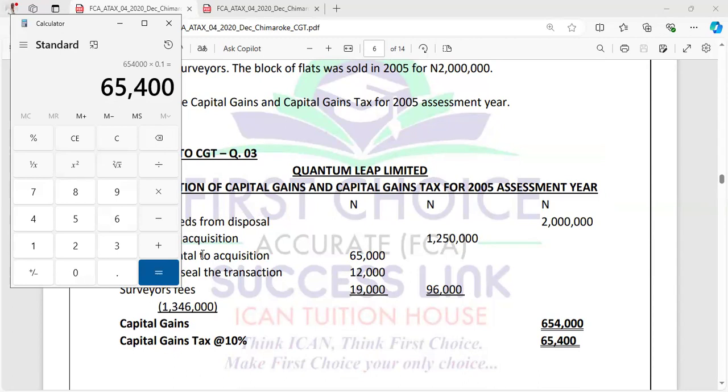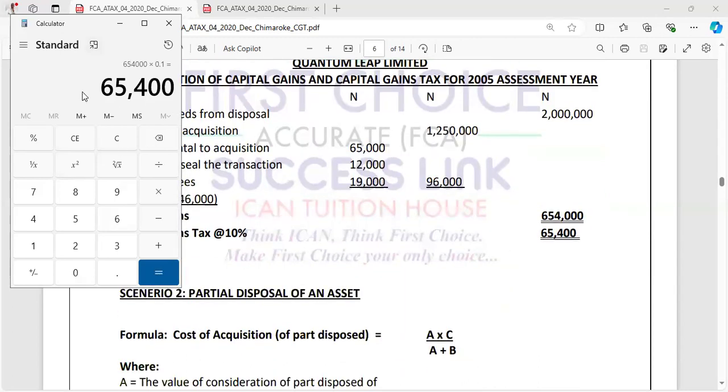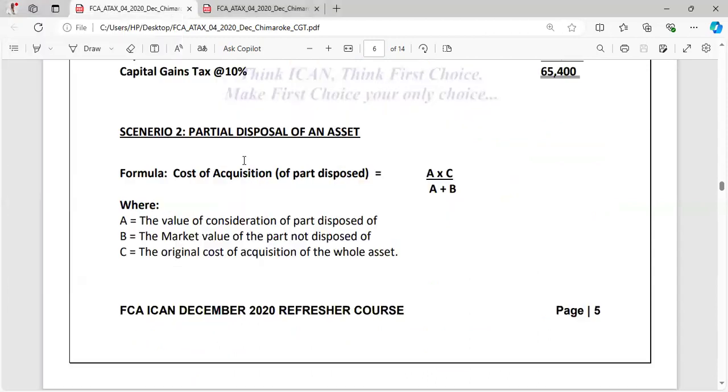So that's how we treat scenario one. Now let's look at the next scenario. The next scenario is partial disposal of an asset. What does it mean? It means that you bought an asset as one.